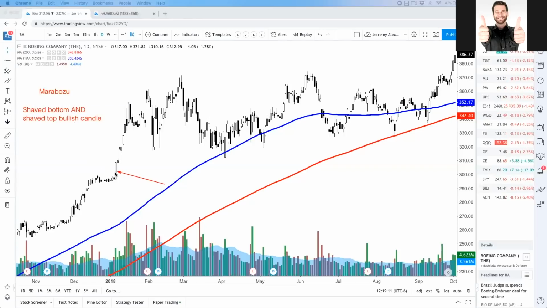This one particular. Marubozu doesn't have to be bullish. It can be bearish or bullish, but it's a candle with no wick, no discernible shadow at all. Very strong. Very strong candles.